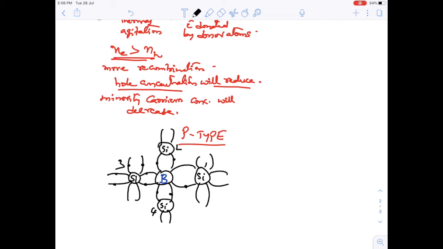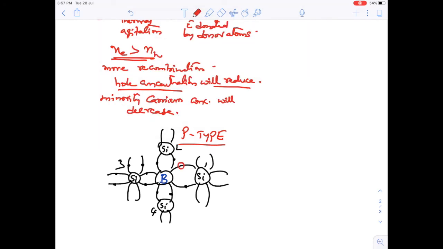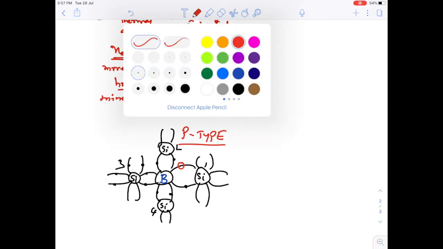So, 3 available valence electrons of boron are forming covalent bonds, sharing with the 3, and then here there will be a vacant space, because there is no 4th valence electron in boron. So, the hole is created over here, which means it can accept an electron.